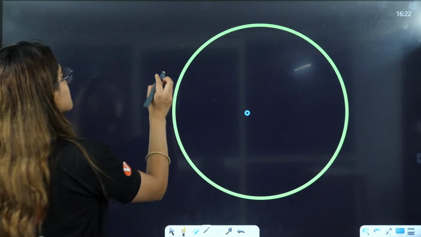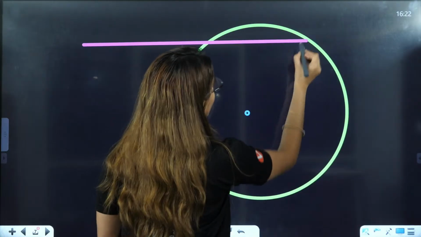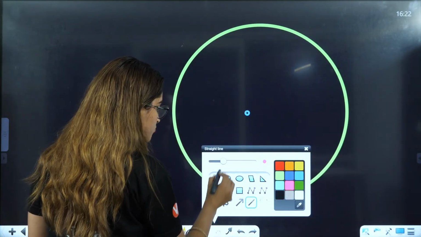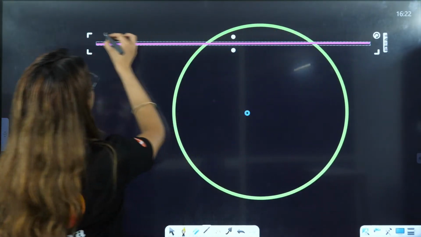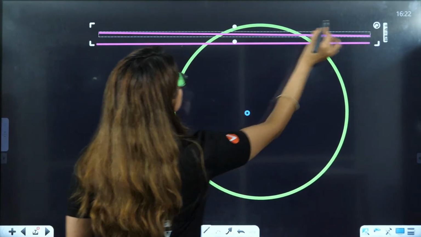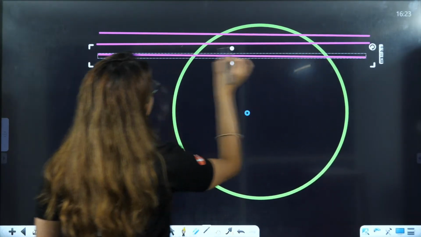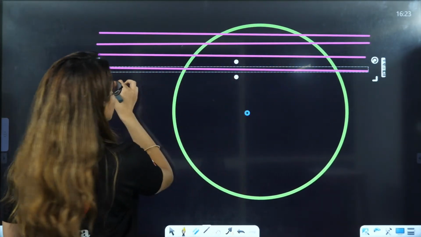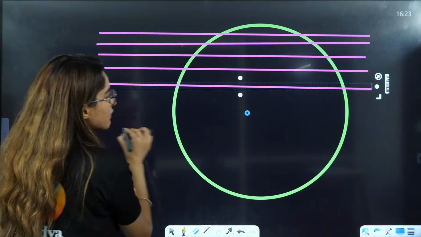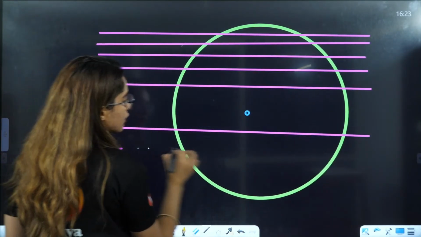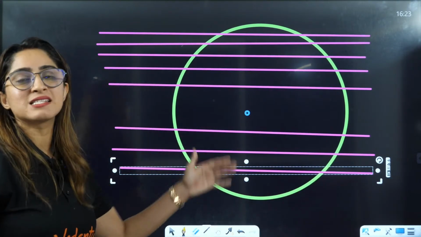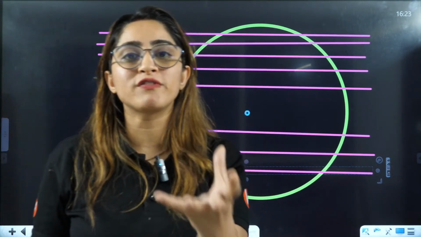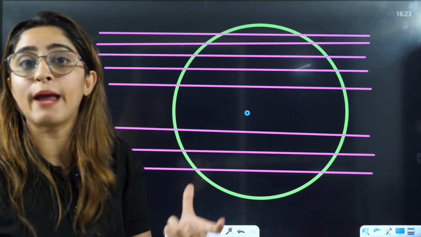First thing is, he observed that most of the alpha particles are passing straight, right? Can you tell me why most of the alpha particles are passing straight? Because most of the space inside the atom is empty.